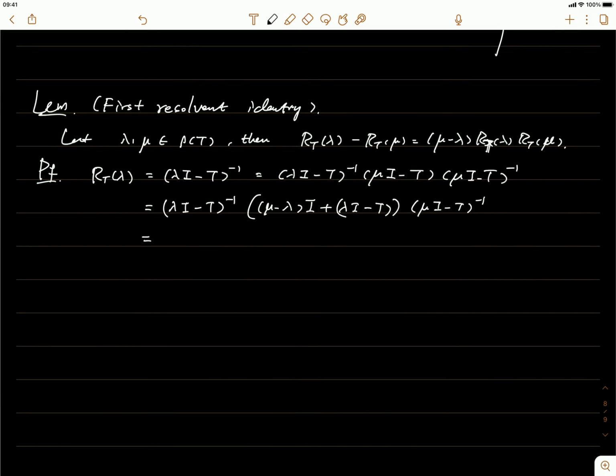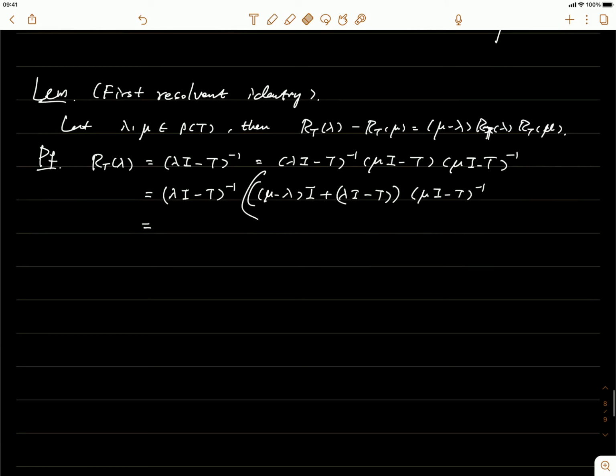Then I can put this together, and then this together.